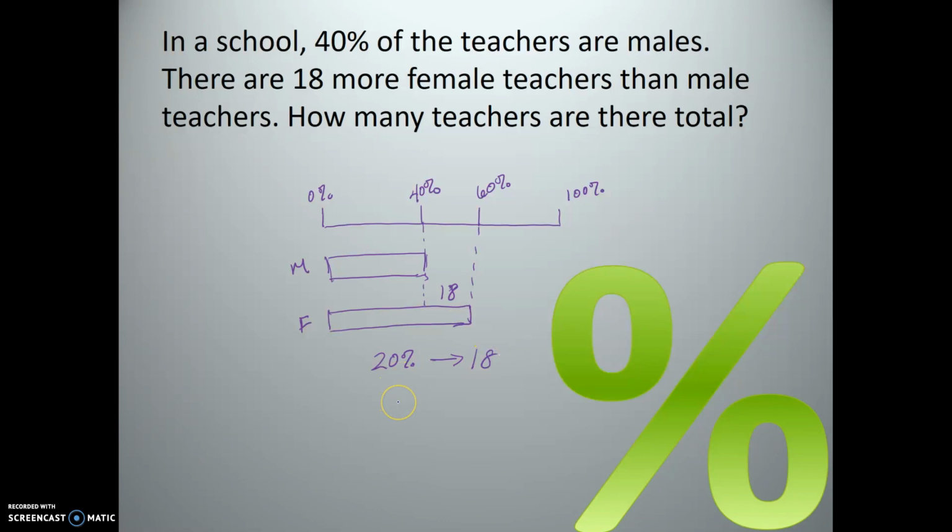That's what we're going to solve for. Then we want to know how many teachers there are total, so we're still solving for 100%. So 1% is going to equal 18 over 20. And we're going to solve for 100%. So that's going to be 18 over 20 times 100 over 1.